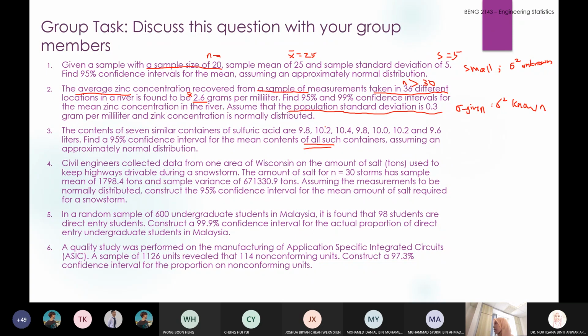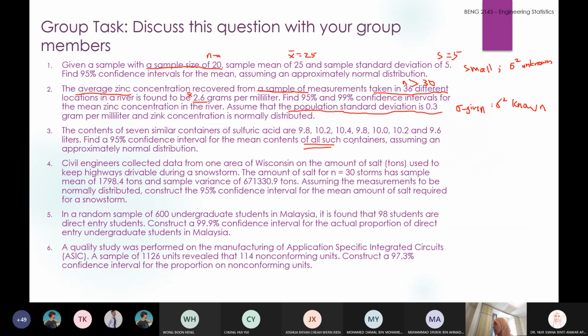Remember, in this study they actually focus on estimating all of such containers, based on these seven container values. For this one, it is actually also known. We can get the known variance based on these 7 data of the containers.